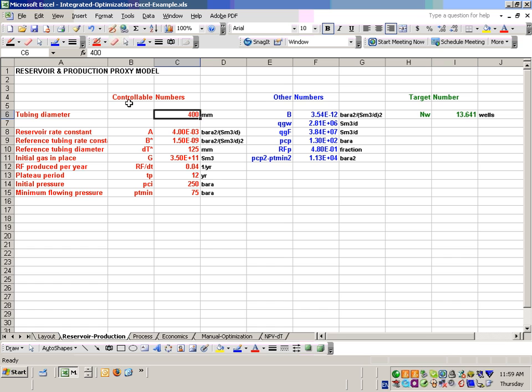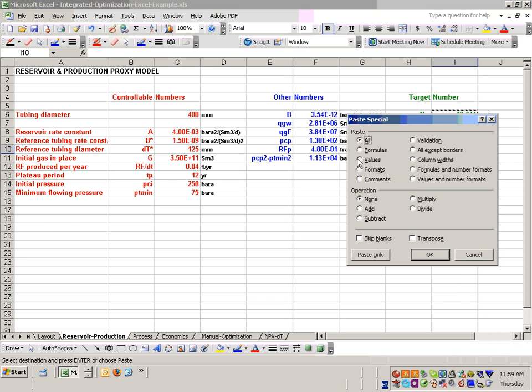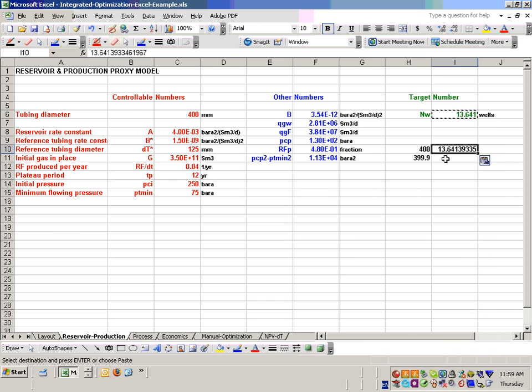It'll change it from 400 to maybe 10 to the minus fourth less or something, so it might be 399.9. So let's set this up. I'll copy this down to here and paste special value. It's got lots of digits there.